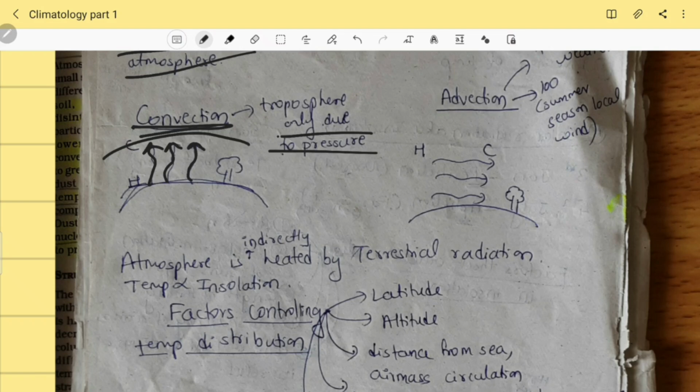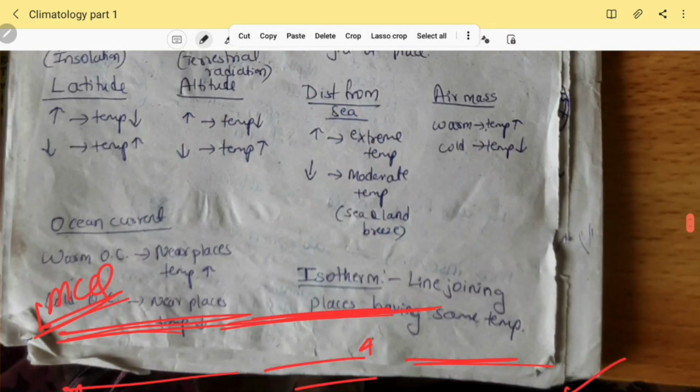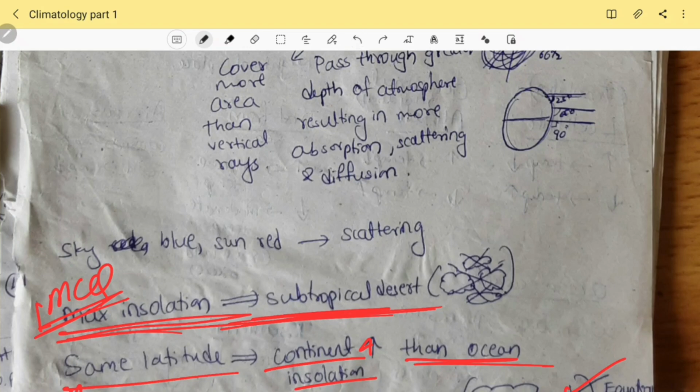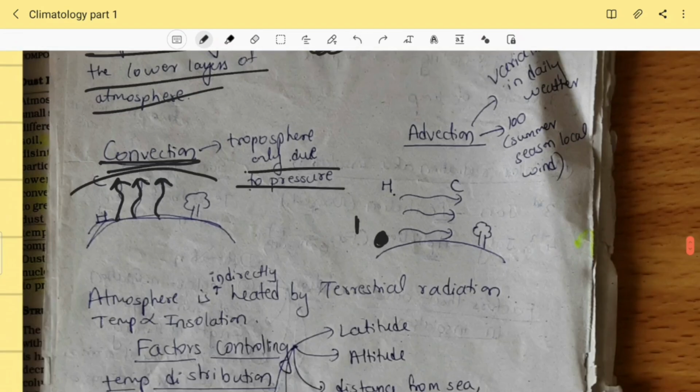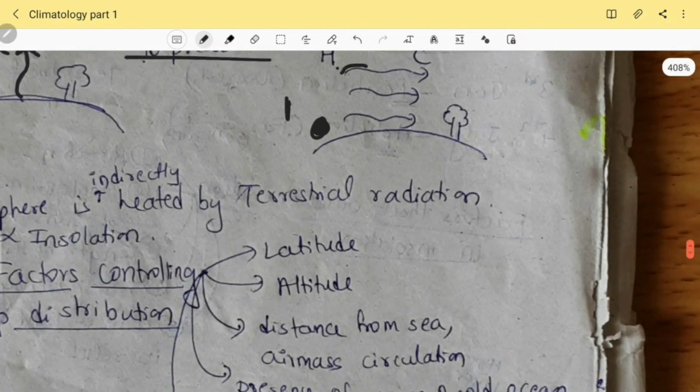What is advection? Advection is transfer of heat through horizontal movement of air. Like, say there is very much heat here at point 1 and it's cold here at point 2. When advection happens, there is a travel of heat from one place to another.